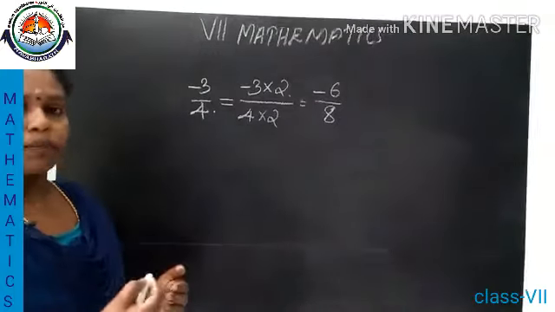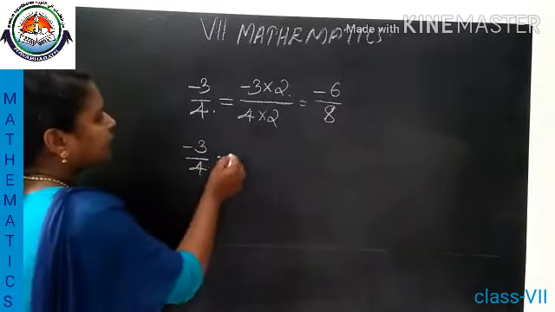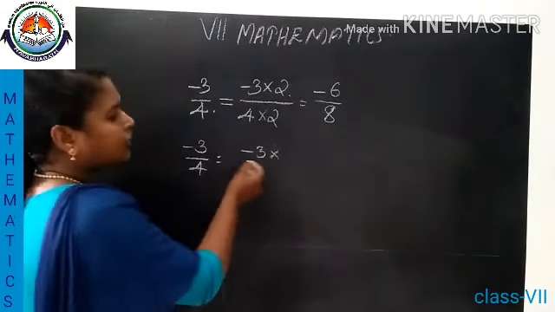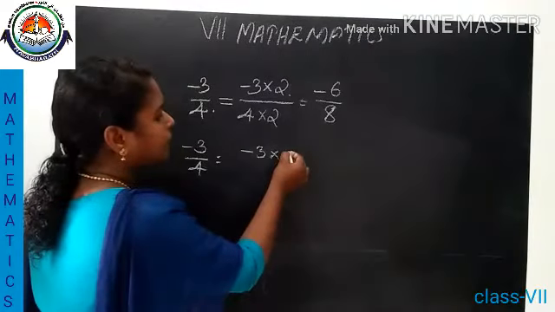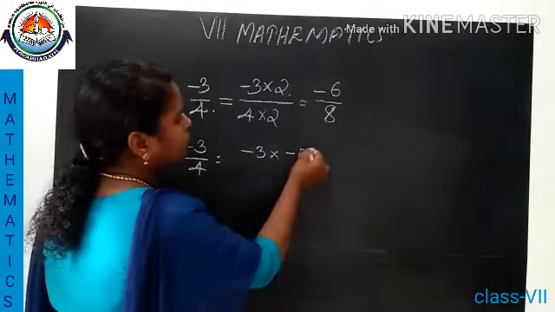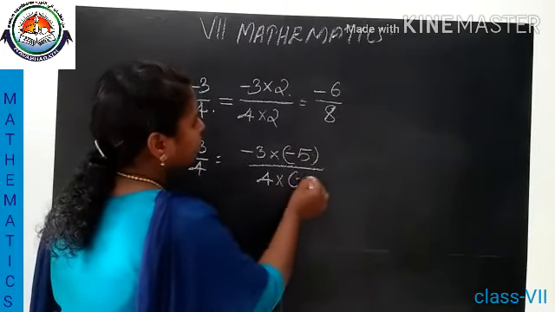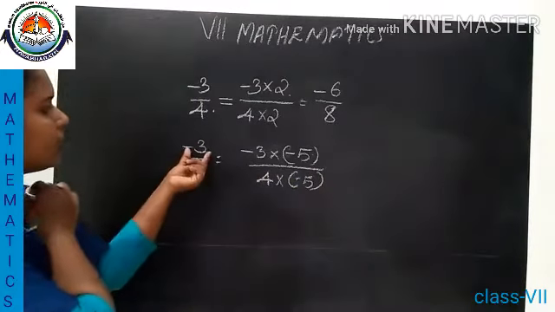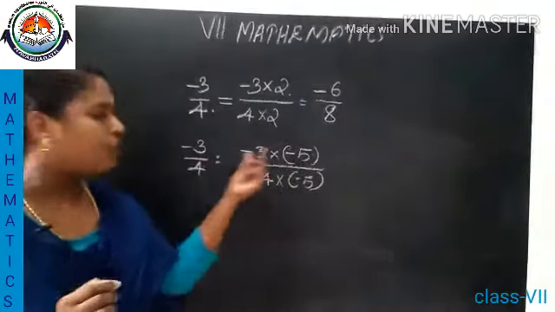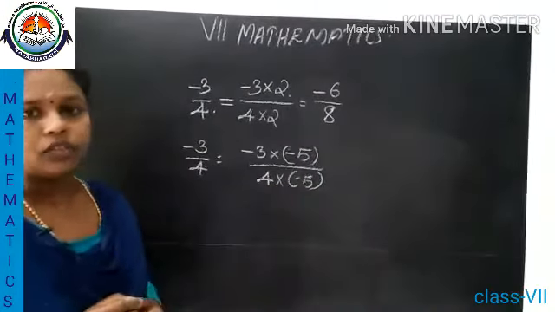And if I am multiplying by any other number, next I am multiplying the numerator and denominator by a negative number. Suppose I am multiplying with negative 5. If you multiply the numerator by negative 5, we have to multiply the denominator also by negative 5.